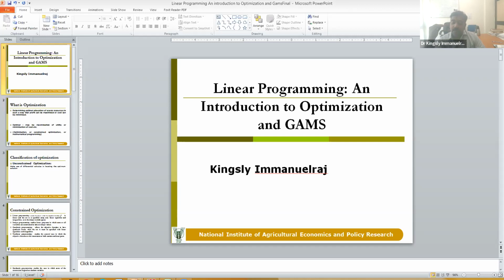When the resources are not limited, then you go for unconstrained optimization. Suppose water is plenty, then you apply it such that the marginal product, MP, the marginal productivity of your crop is zero. That's what you apply. But that does not naturally happen in the world. Always our resources are constrained, so we always use constraint optimization.